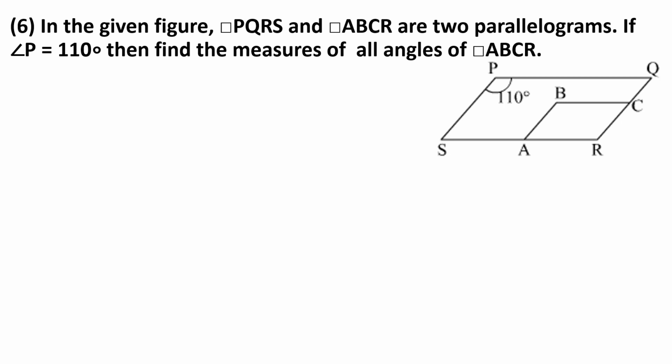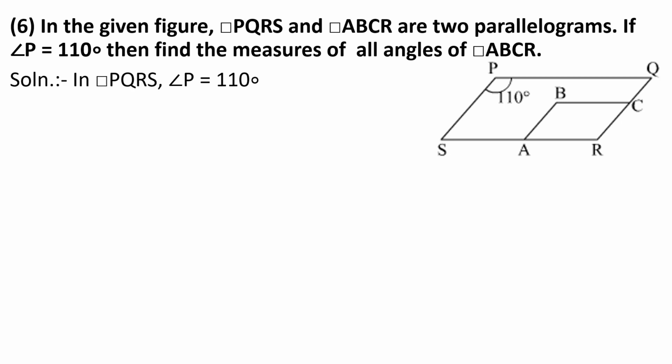We have to find all the measures of angles of parallelogram ABCR. Now we will revise the properties related to measures of the angles of a parallelogram. The first property is adjacent angles of a parallelogram are supplementary, and the second property is opposite angles of a parallelogram are congruent.